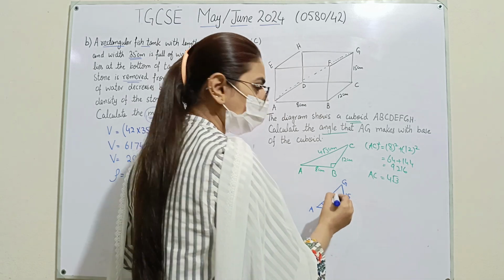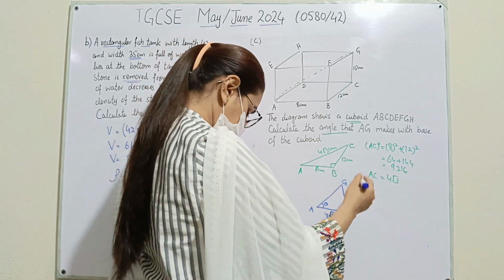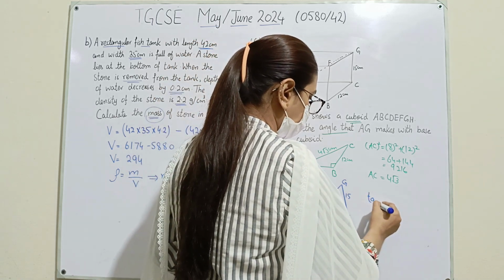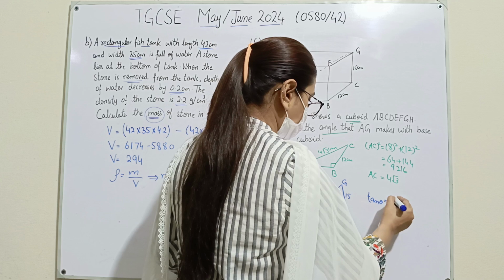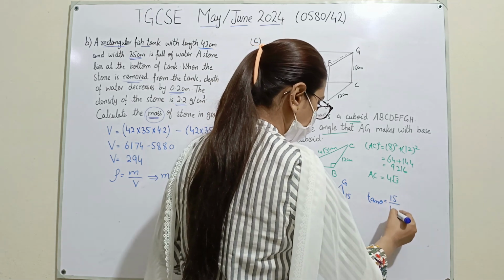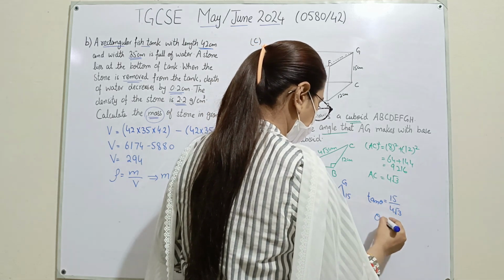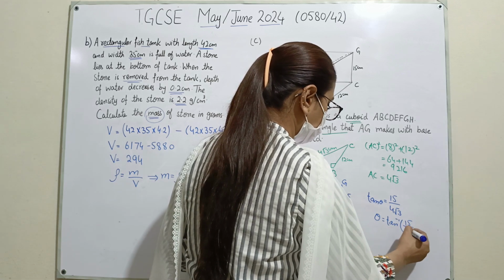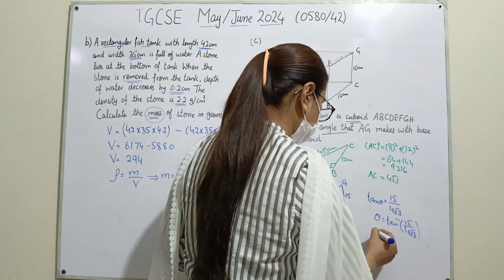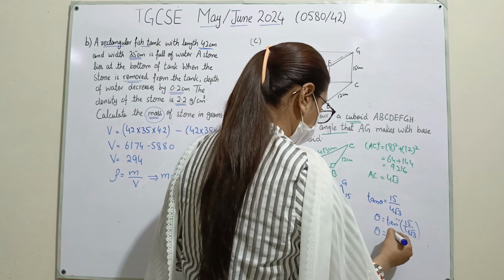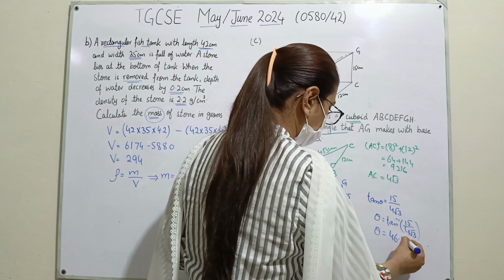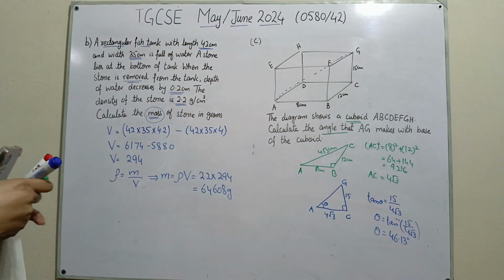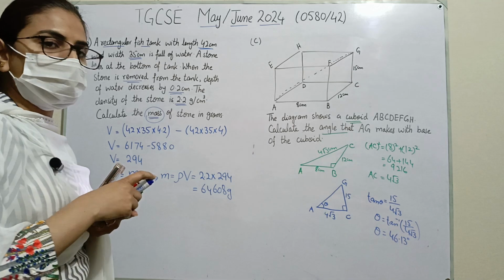So you can use trigonometric ratios over here. Use the trigonometric ratio of tan theta. So theta will be tan inverse of 15 over 4 square root 13. So the value of theta here will be 46.13 degrees. So this is basically the angle AG makes with the base of the cuboid.